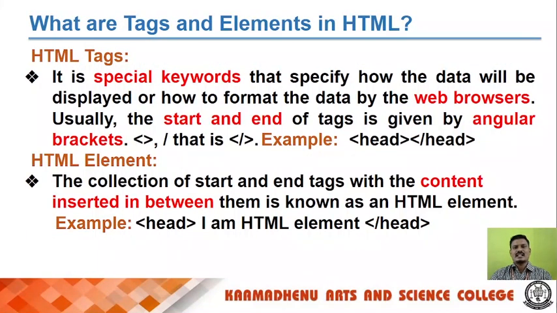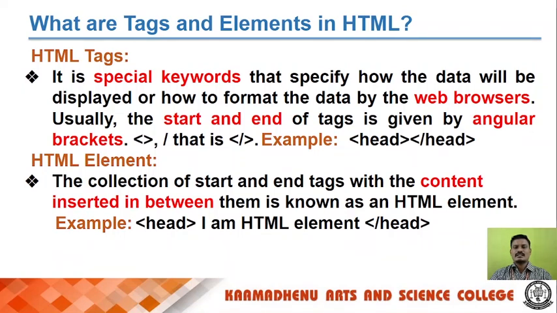What are the tags and elements used in HTML? First we will see what tags are. A tag is a special keyword that specifies how the data will be displayed or formatted by the web browser. Usually there is a start tag and an ending tag, enclosed in angle brackets, with the ending tag followed by a forward slash.